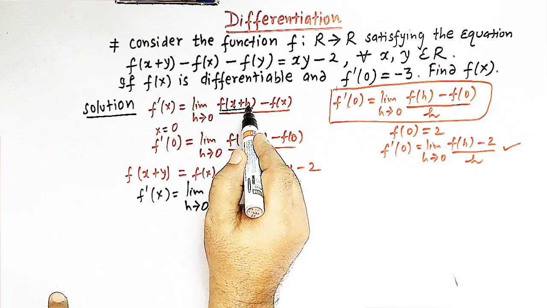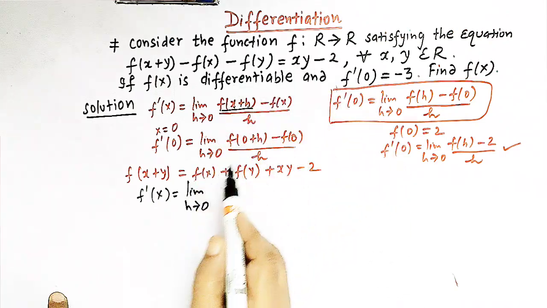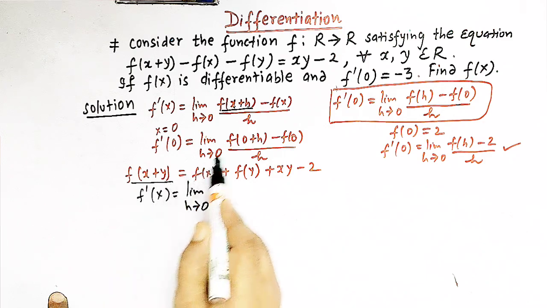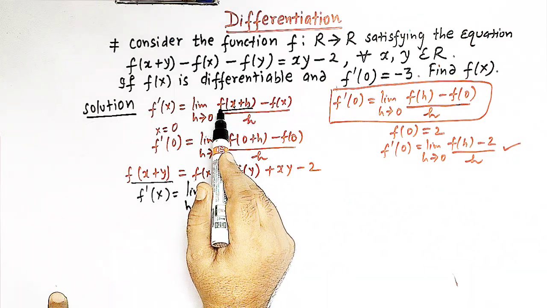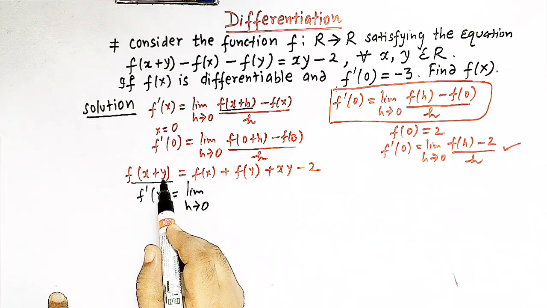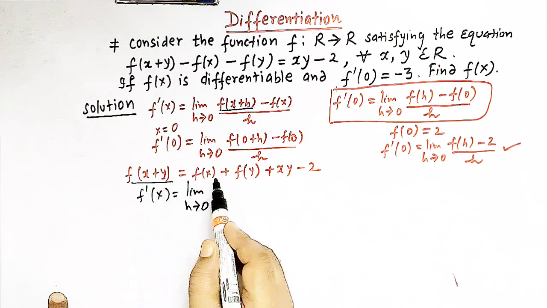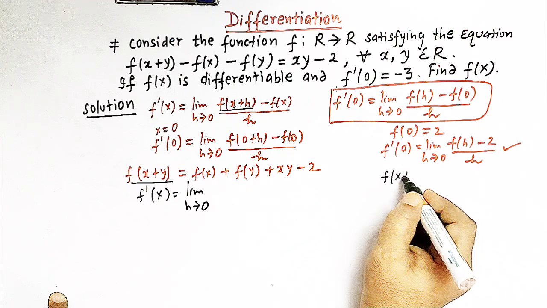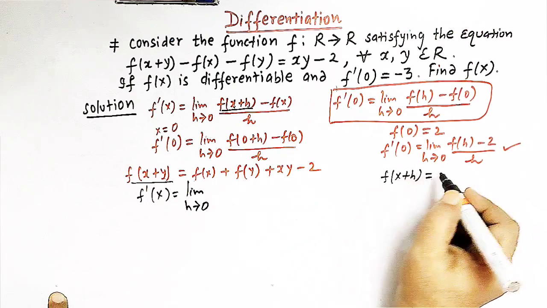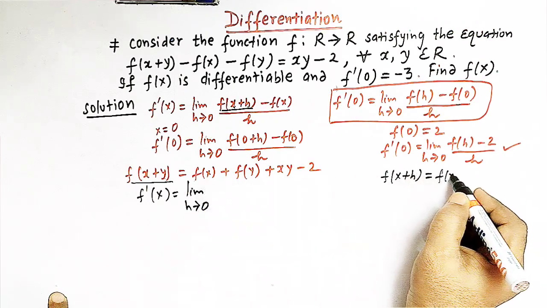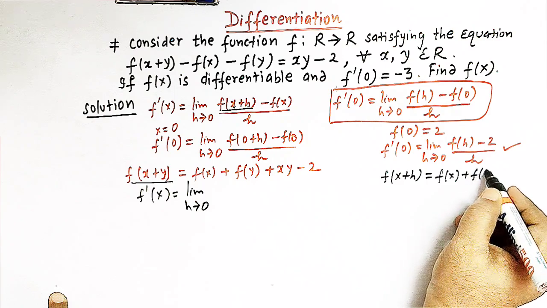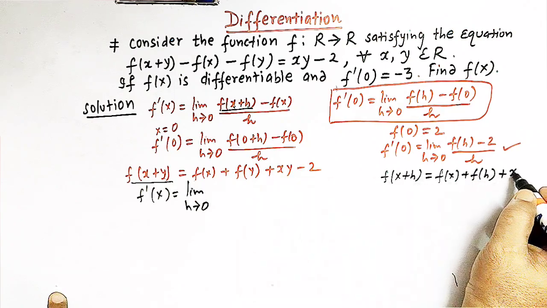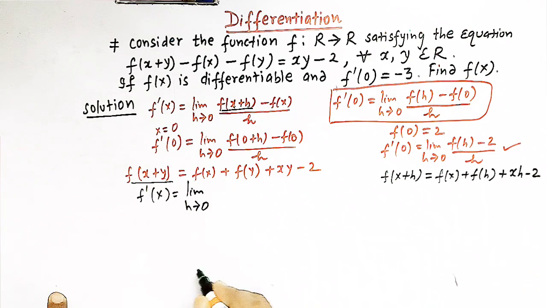Now x and h are both real numbers, so we can apply this equation to this term, that is f of x plus h. So replacing y by h in this expression, we can now write f of x plus h as f of x, and then we have f of h, and here we have xy, so this is xh minus 2, right?